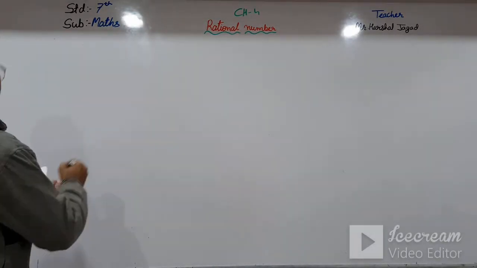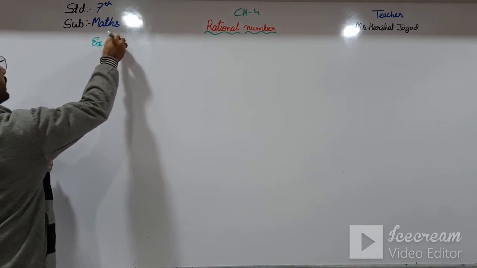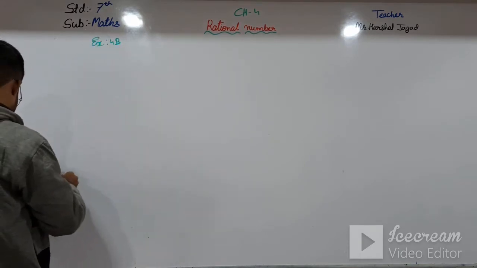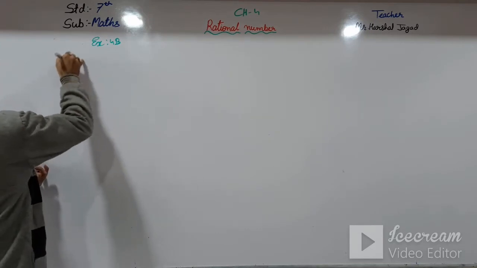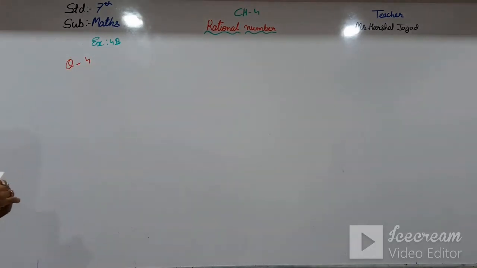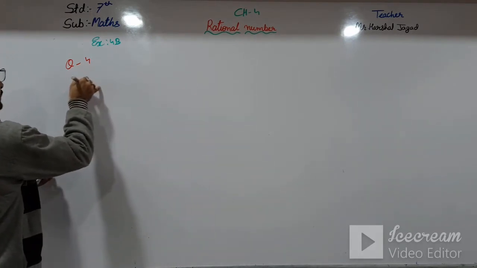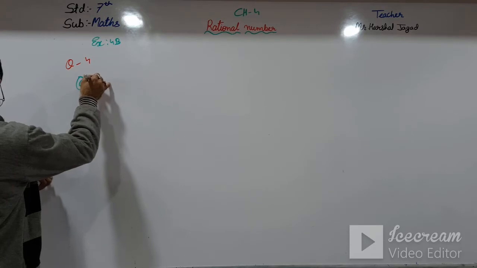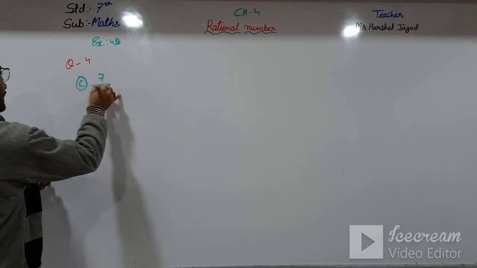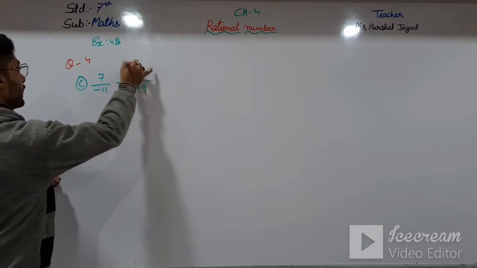So first of all, exercise 4b, question number 4. In that we will do C, that is 7 minus 11 is equal to dash upon 99.